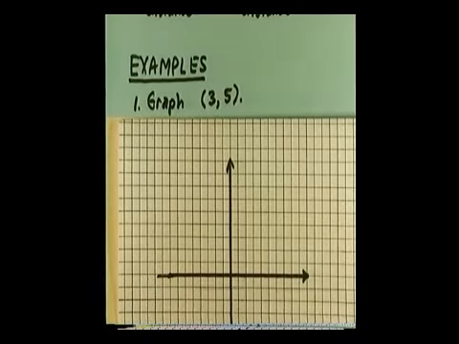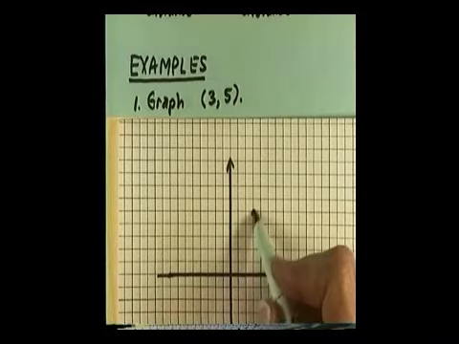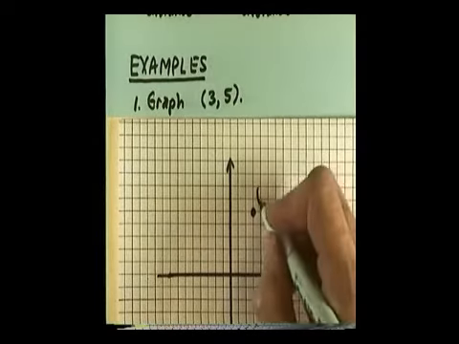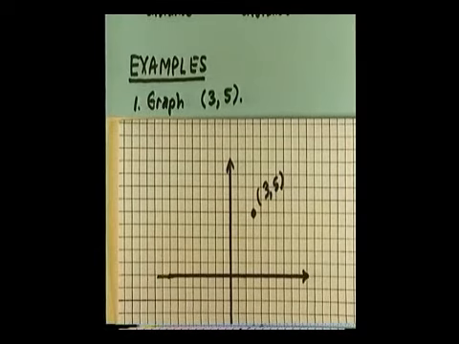We always begin at the origin, and we'll count 3 in the horizontal direction, 3 to the right, and 5 in the vertical. From there, 5 up. 1, 2, 3, 4, 5. So here's the ordered pair 3, 5.